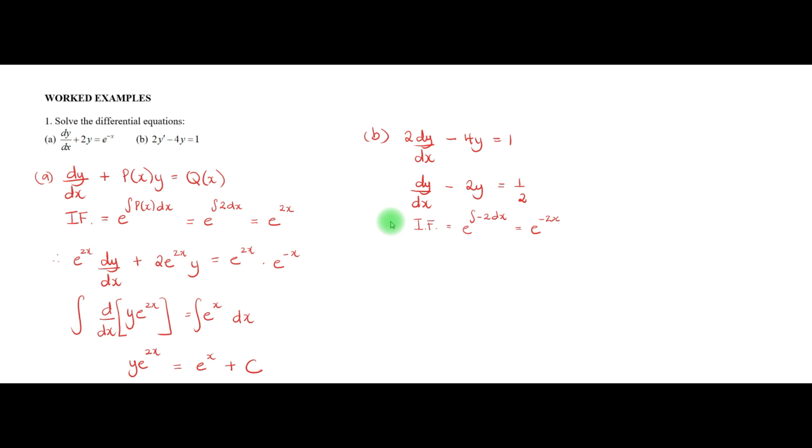So let me go ahead and multiply through by e to the -2x. And then, as I said, the left side will become y times the integrating factor, so y times e to the -2x. And the right side we will have to integrate.